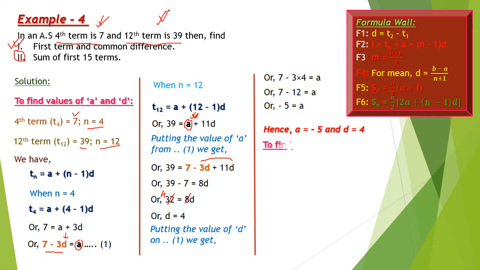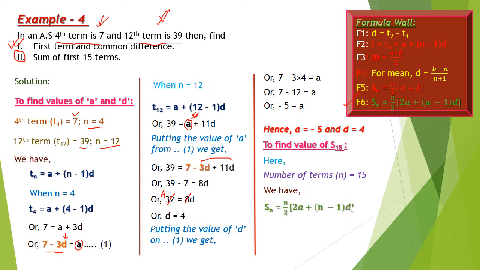To find the value of S15, now we have a, d and n, where n is equal to 15, so we can apply the last formula, formula 6. S15 equals 15 by 2 bracket 2a, where a is minus 5, plus n minus 1, that is 15 minus 1, times d, which is 4.